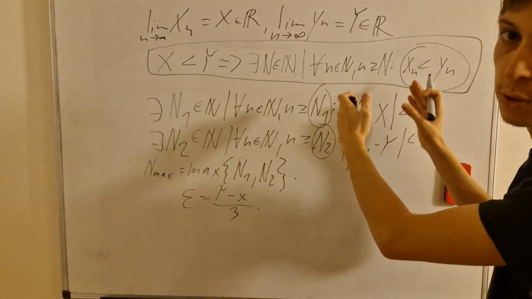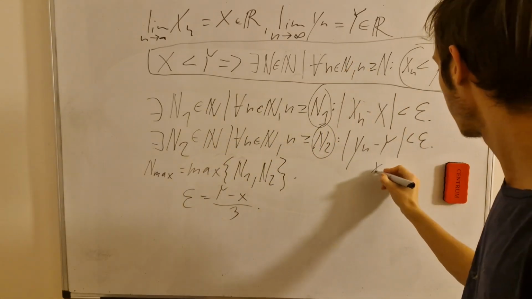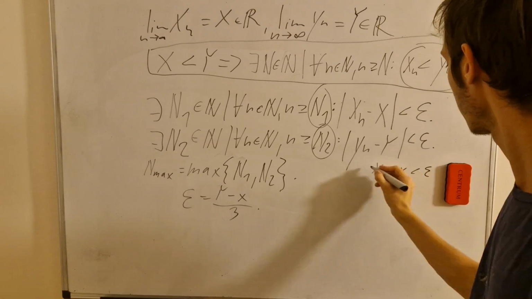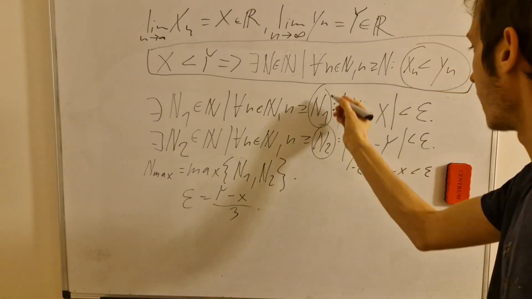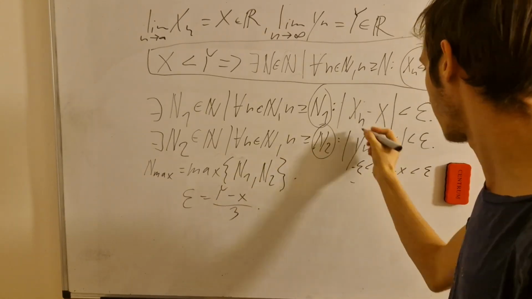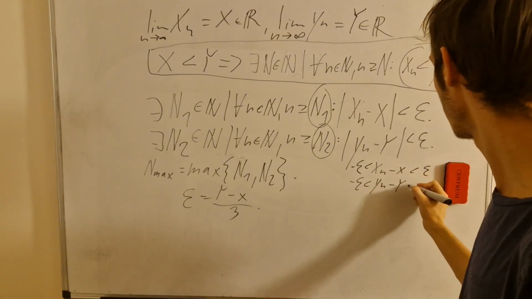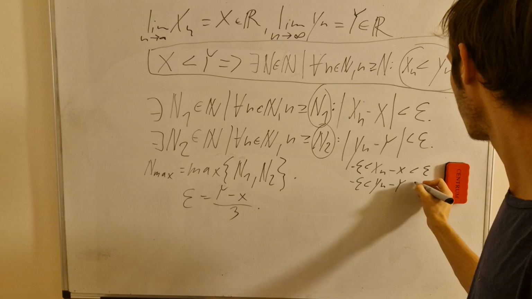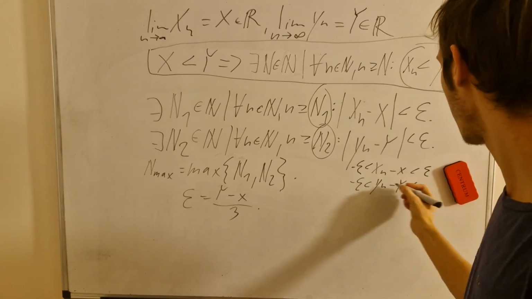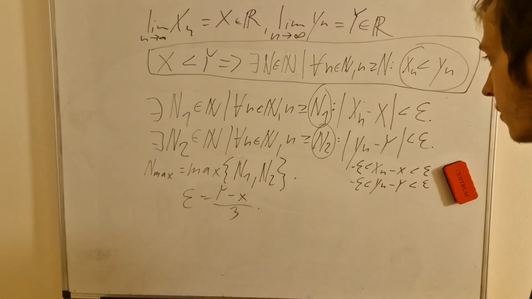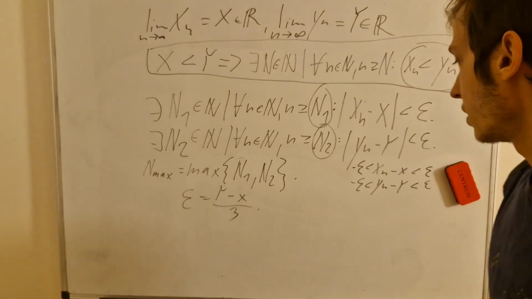That's what an absolute value says. And for y_n it's the same story: y_n minus capital Y, its limit value, is higher than minus epsilon and lower than epsilon. We set epsilon equal to this.